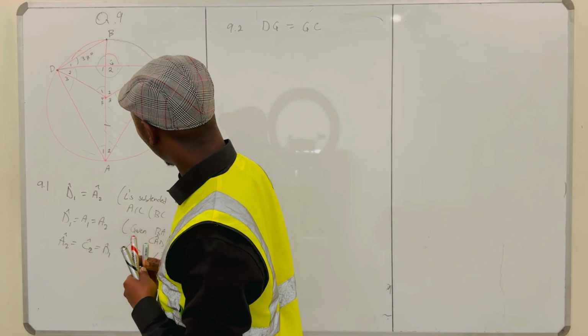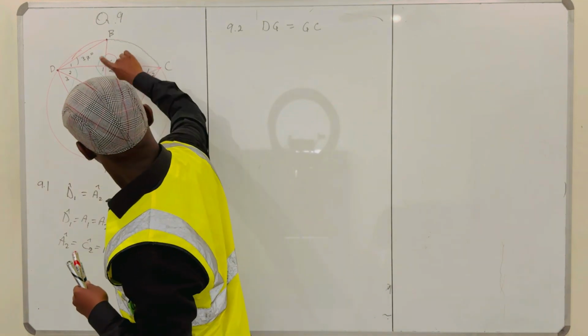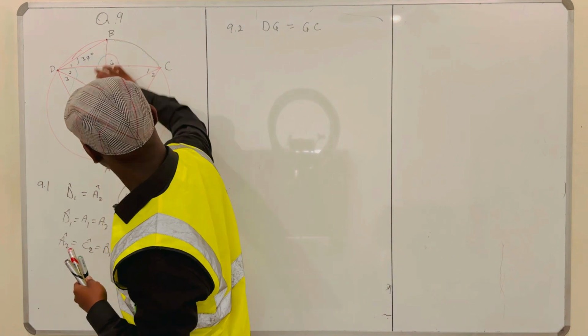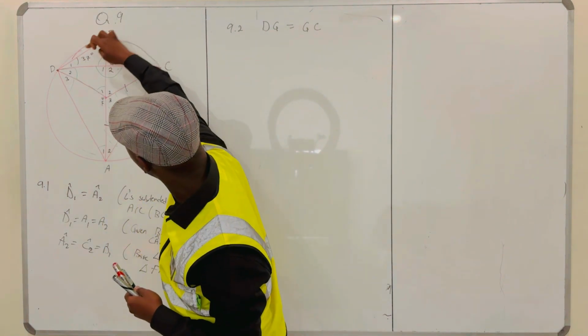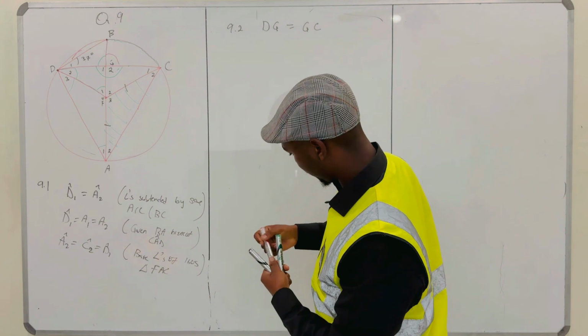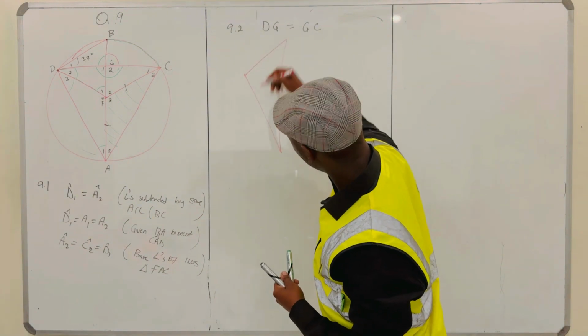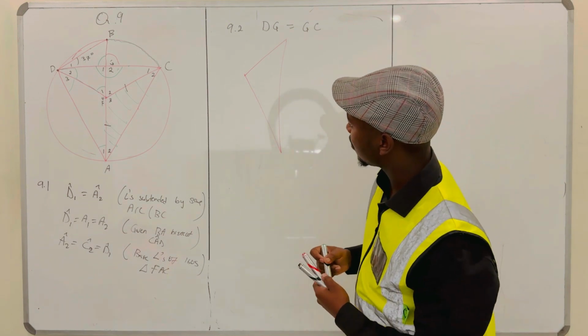So the first thing you can note is that, let's say we're trying to look for this angle here. If you look at this bigger triangle here, so let's look at triangle DAB.